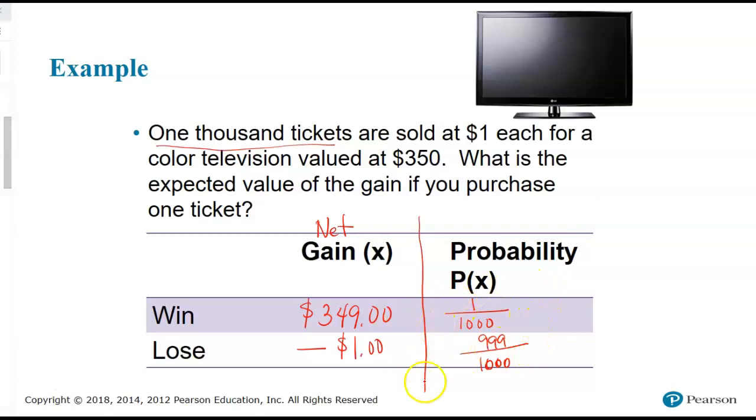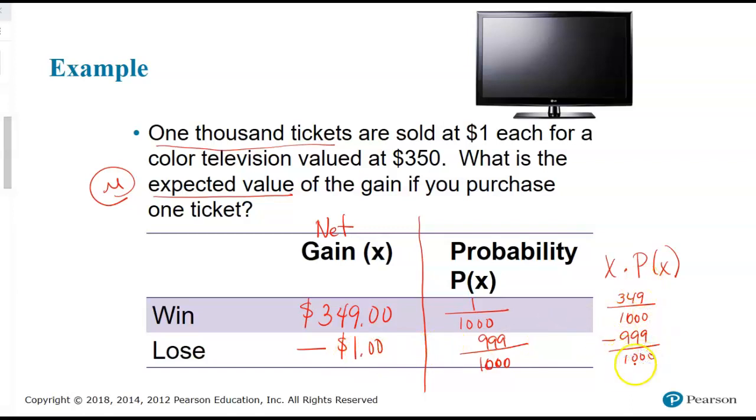Okay, so from here, once we have this completed, it says what's the expected gain, and we know that the expected gain is the same as the mean. And to find the mean, we do x times P of x. So I'm going to multiply these two together. I'm going to have 349 over 1,000. And then here I'm going to have negative 999 over 1,000.